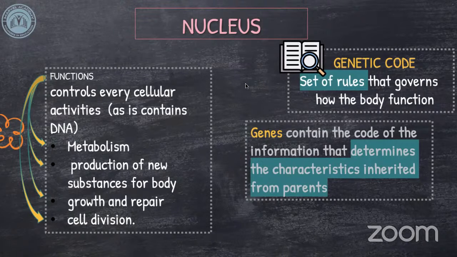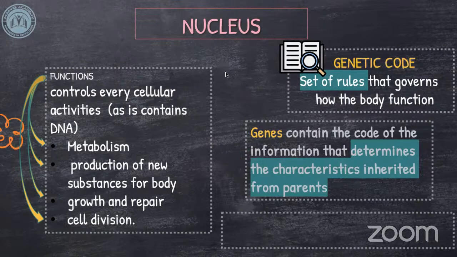So it needs to go to the child, right? In such a way, you don't need to learn the detailed process right now. What you need to understand is what a gene means. Genes contain a code of the information that determines the characteristics inherited from a parent, right? Let's go to the next one.